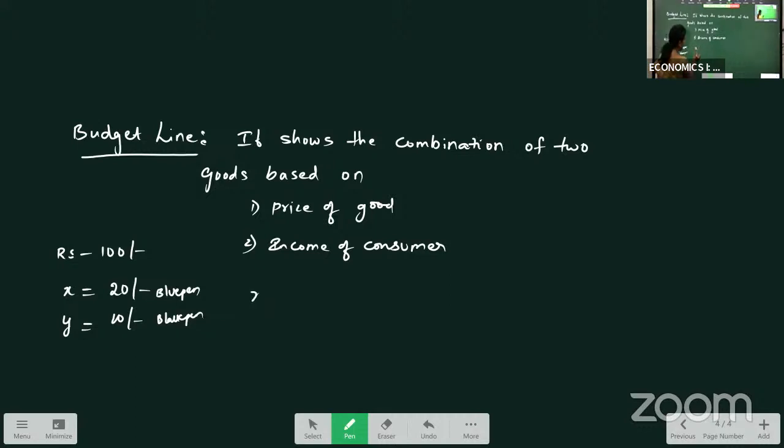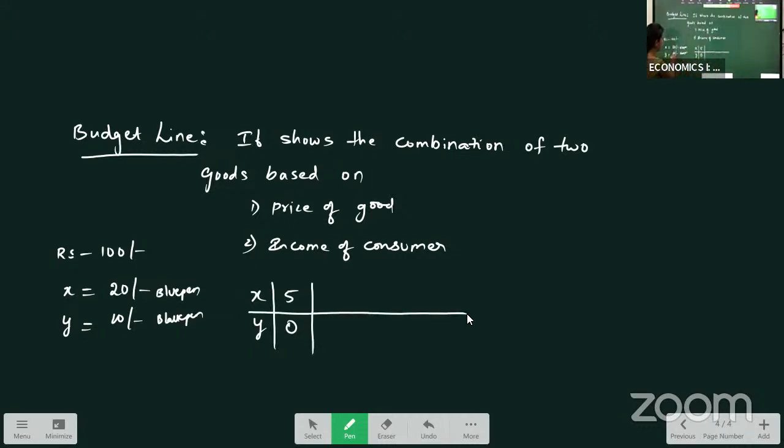So see, X and Y we are taking. First combination. If you take all X, only X you are taking, 0 Y. You don't want any black pen. You want only blue pens. So how many can you take here? You have 100 rupees, but the price is 20 rupees. So how many can you take? 5, right? Because 5 into 20 is 100. The next combination, what will we have here?